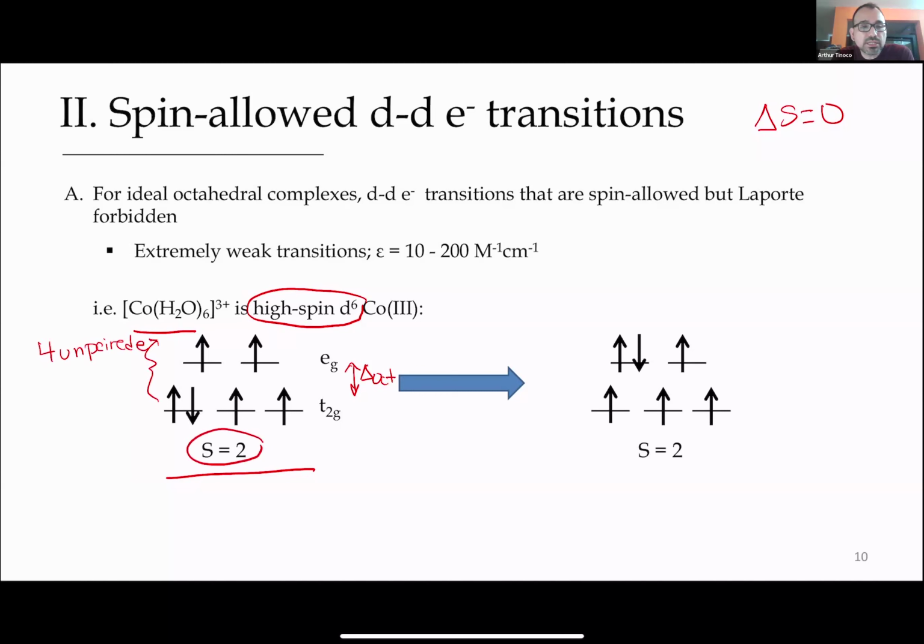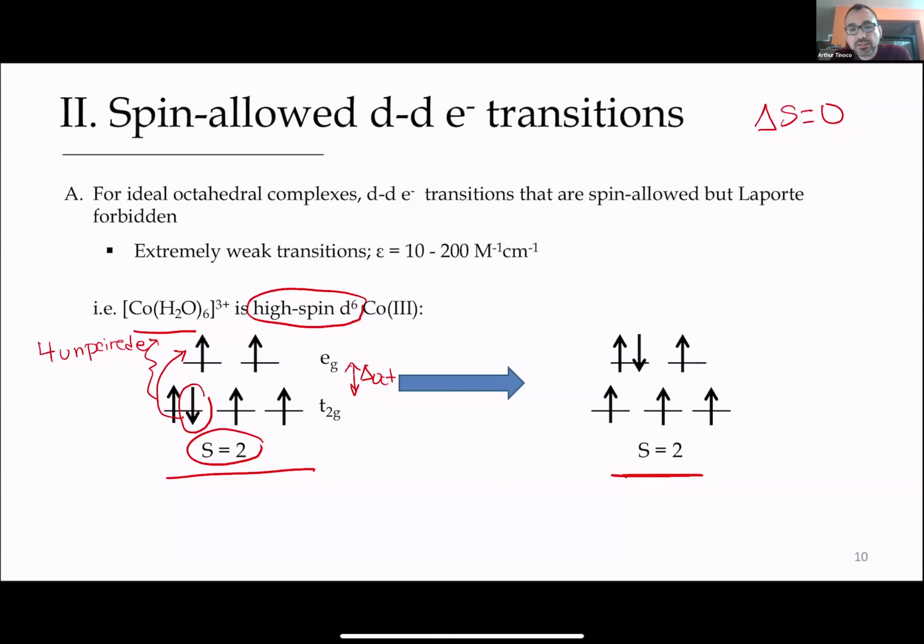So now let's imagine an excitation of an electron from this particular system. Well, the excitation is going to occur with the orbital that has the paired up electrons. You're going to have an excitation from here to the higher energy eg, and so you're going to end up with the system to the right.